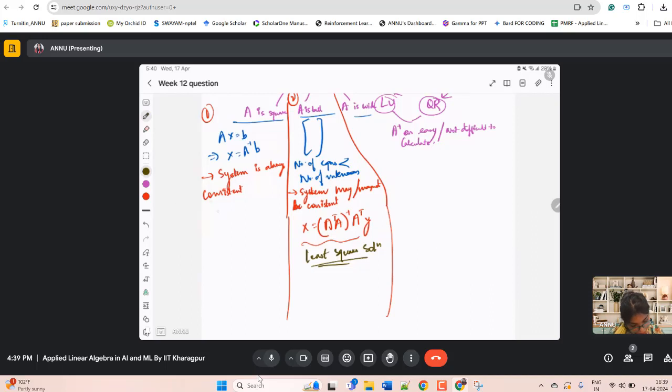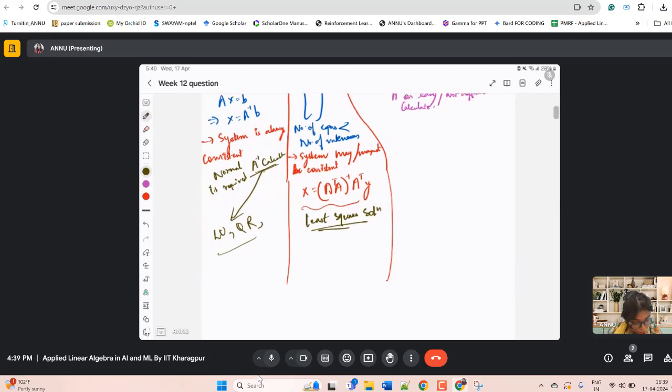Here normal A inverse calculation is required. So A inverse calculation will be like LU, QR or something. If the dimension is less, then definitely you can calculate A inverse.